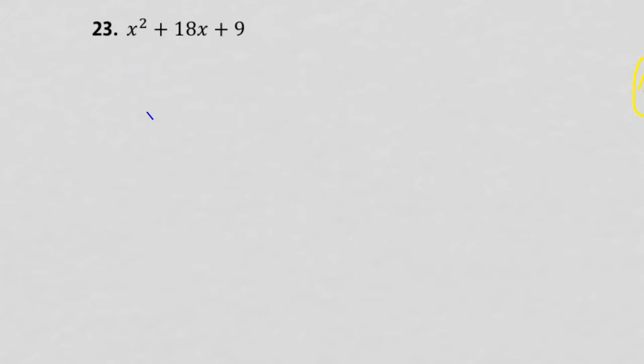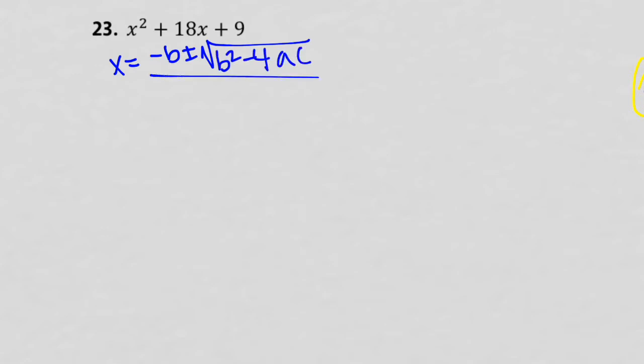Alright, they still want us to factor even in finding imaginary or complex roots. So that means that I'm going to go ahead and try to solve this using the quadratic formula. X equals negative b plus or minus the square root of b squared minus 4ac all over 2a. So in this case, a is 1, b is 18, c is 9.